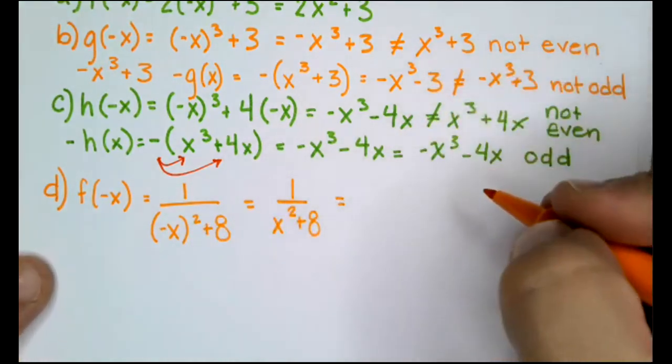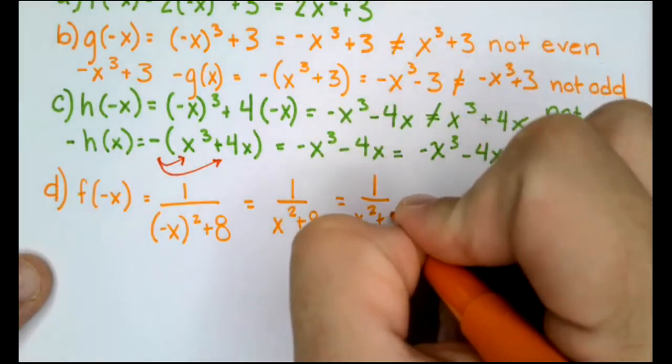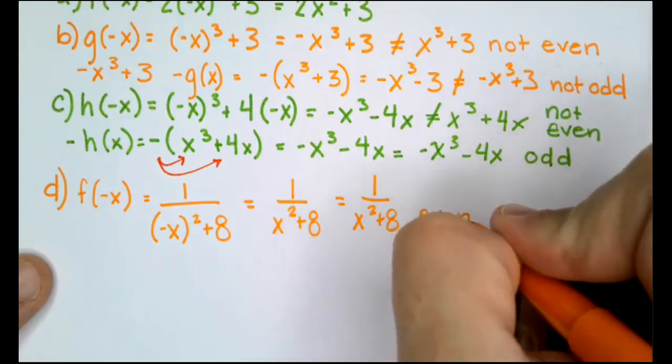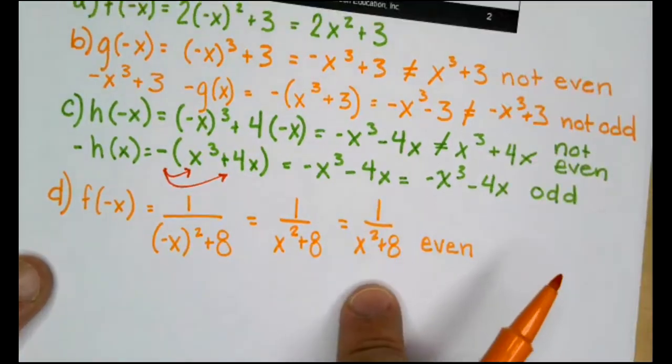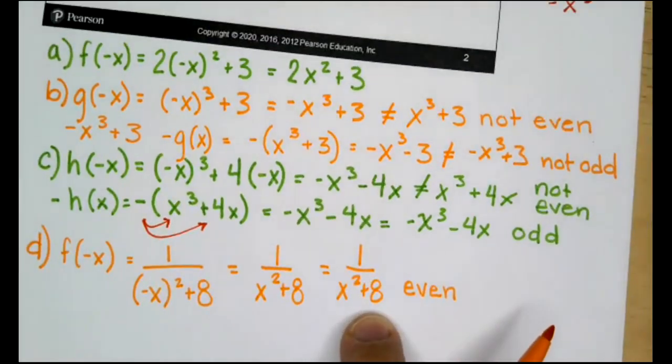That is the same as our original f of x, which was 1 over x squared plus 8. So it is even, right? And if you find that it's even, you don't have to check that it's odd, right? Because a number can't be odd and even.